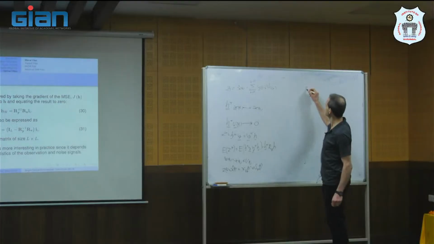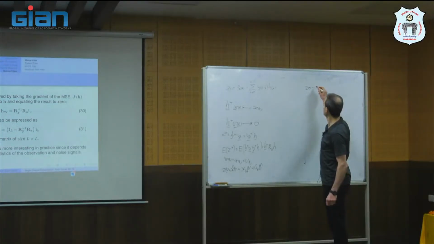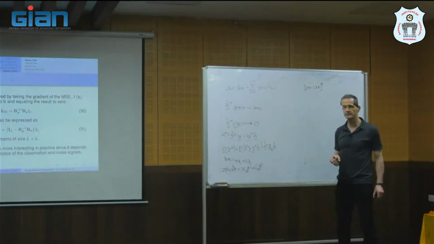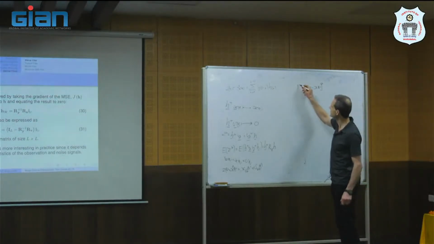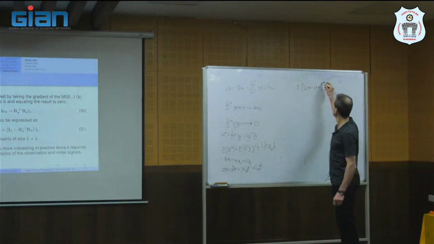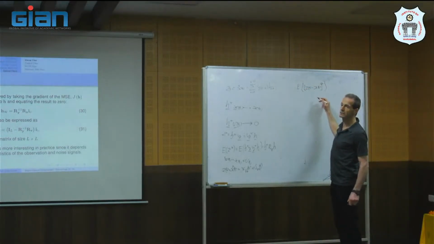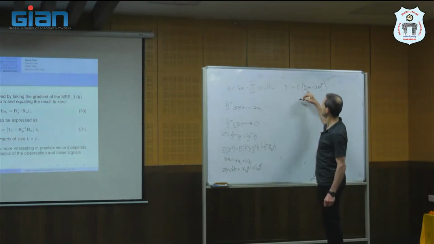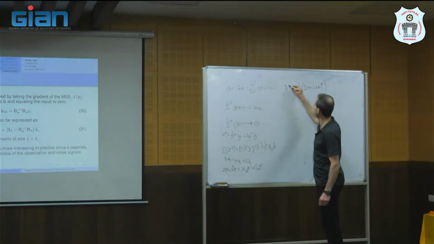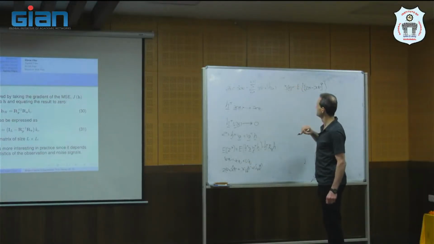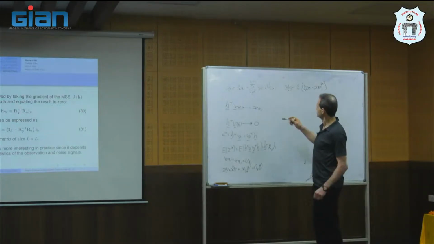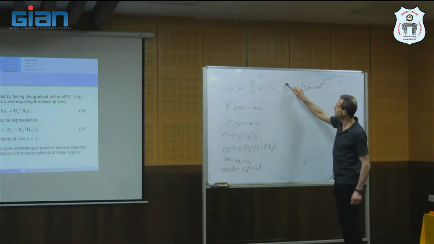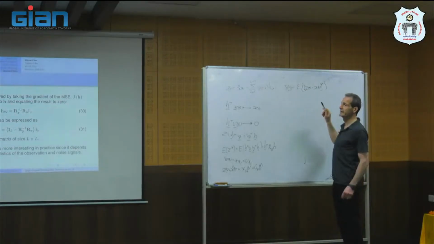So if we take Z minus X, and we take that squared, this is the squared error. And if we take the expectation of this, this is the mean squared error, which depends on the vector H. So the filter that minimizes this mean squared error is called the Wiener filter.